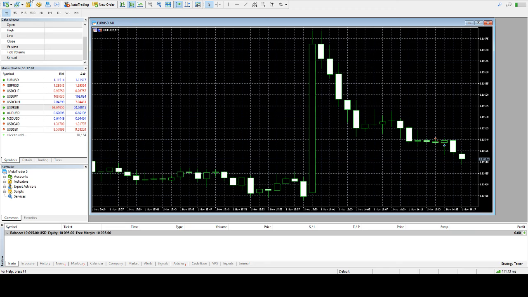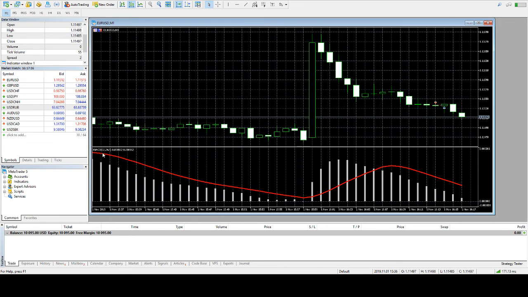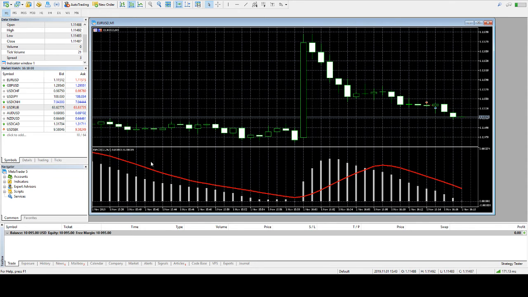Let's not worry about what it means, because that's going into too much detail, I think. But let's just put a random one here. This is called MACD. Don't worry about what it does, but just know that there are a lot of different types of technical analysis tools that a trader can use to make a decision on what they want to do with their money. When they want to close and open positions, they can use these different tools to do so.